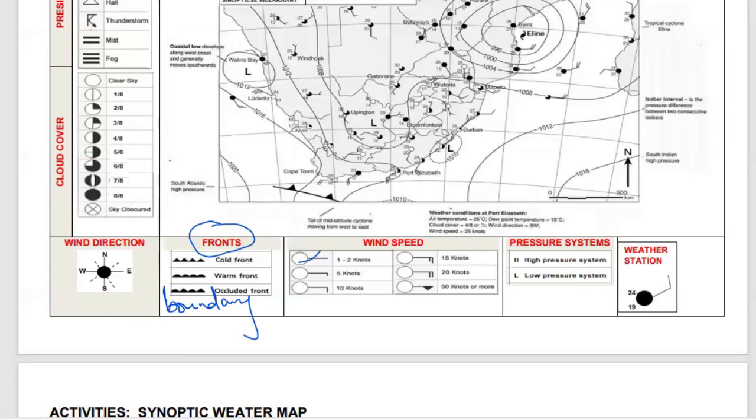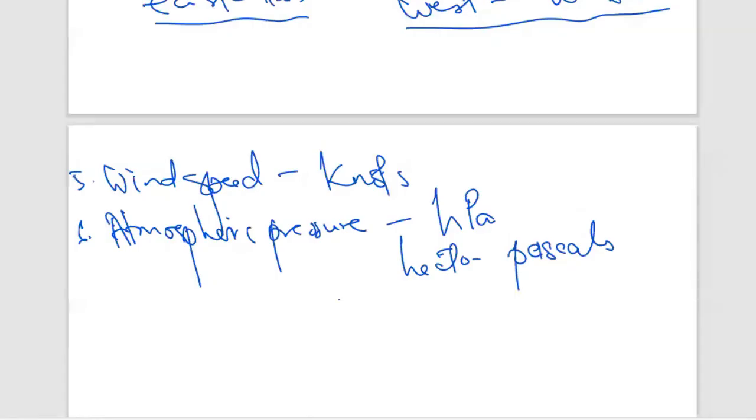One is warm and the other one is cold. When they happen to meet, they cannot mix. So there will be a boundary which will be formed in between them because of their differences in properties. And also in terms of moisture content, one air mass can be dry, while another air mass is moist. That will also result in the formation of a front.